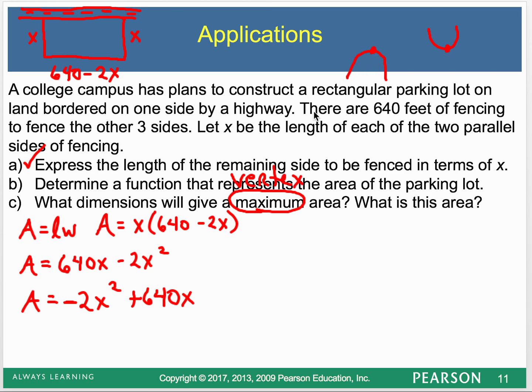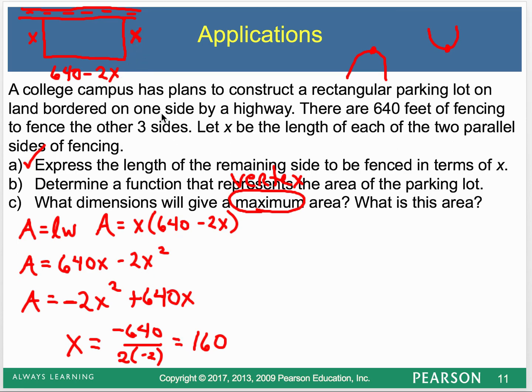So really all it's saying here is find the vertex. And that's handy because the x-coordinate is negative b over 2a. Negative is positive, so 640 divided by 4, what's that, 160? Yep, 160. Okay, so that's x, right?